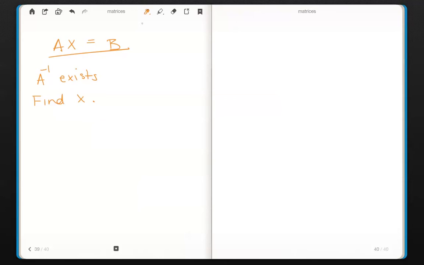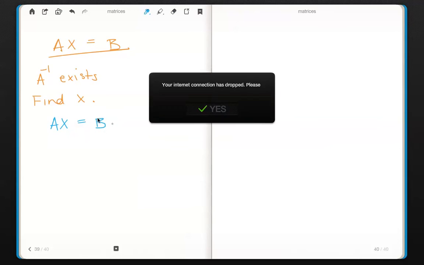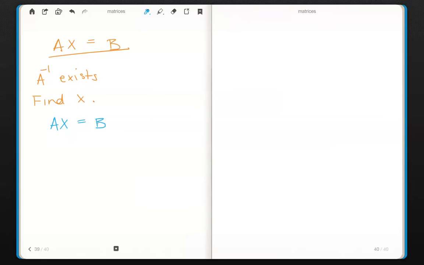So if that's what we're given, we have AX equals B. Normally, if this was just a number, you would bring this A to the other side and we would have B divided by A, but we know that we can't divide, so instead we talk about the inverse.